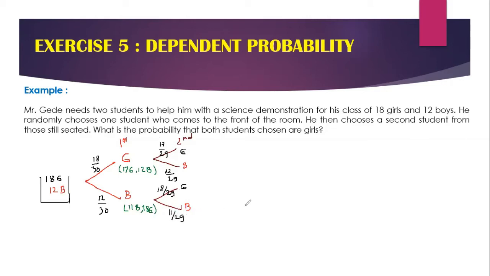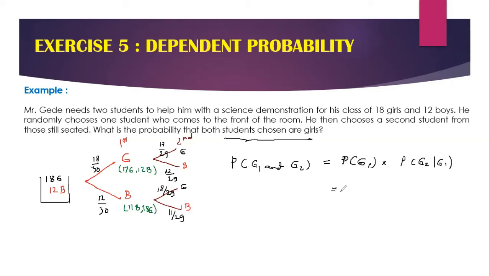So everyone, what is the probability that both students are girls? Meaning, the meaning of this information is the probability of girl for the first and girl for the second. So it means probability of girl 1 times probability of girl 2 given girl 1.